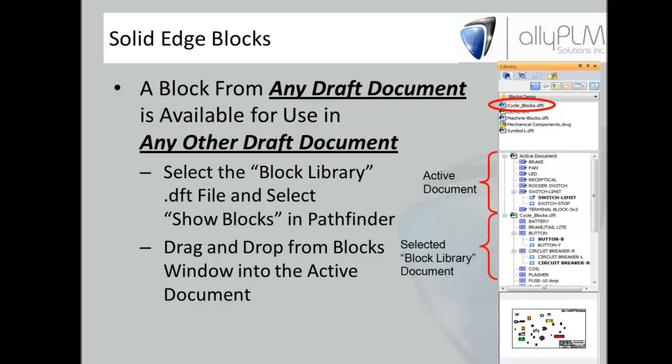You can select the block library draft file that you're going to use from your folder, and then it's located in the library view down below the active document. You'll see it pointed out down here. And you can just drag from that onto your draft file and it will automatically place an occurrence of that block in your active document.